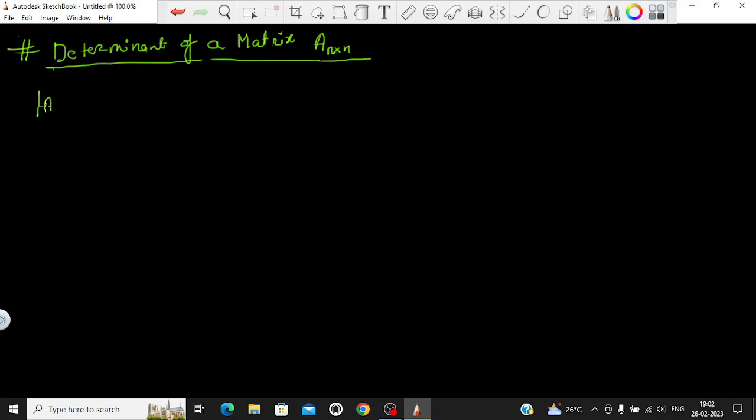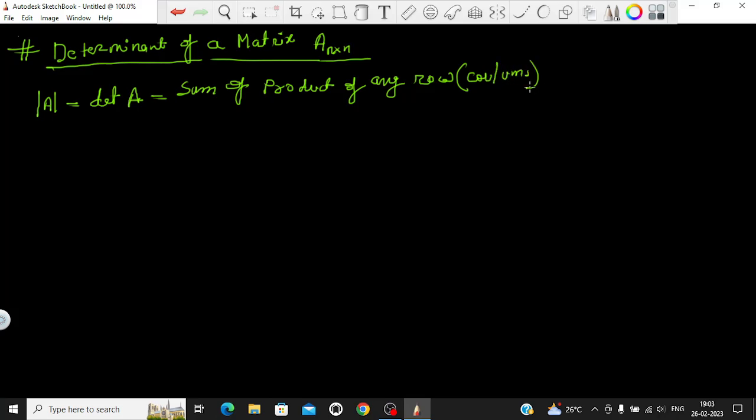We can write determinant of A in this fashion also: det of A will be the sum of product of any row or column elements and corresponding cofactor. This is the way you can calculate the determinant of A.